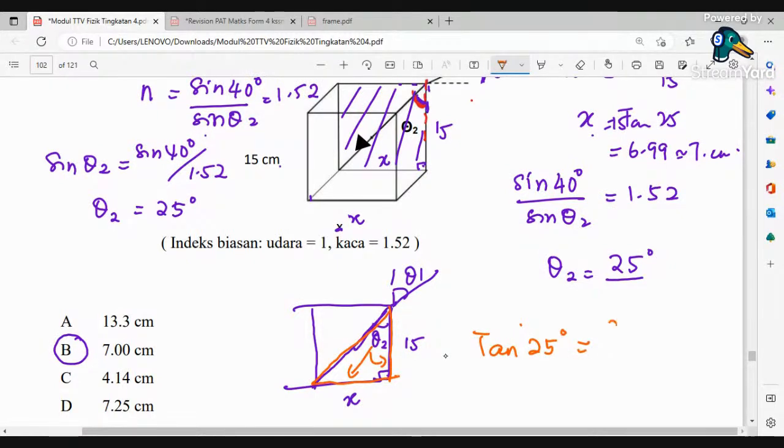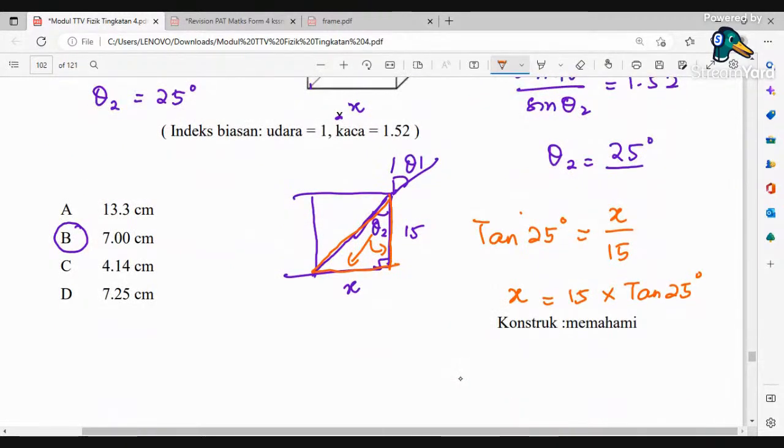Tangent 25 ialah X divide by 15. So X ialah 15 times tangent 25, you akan dapat jawapan 6.99 something. Rounding off ialah 7 cm. So jawapan ialah B. Okay.